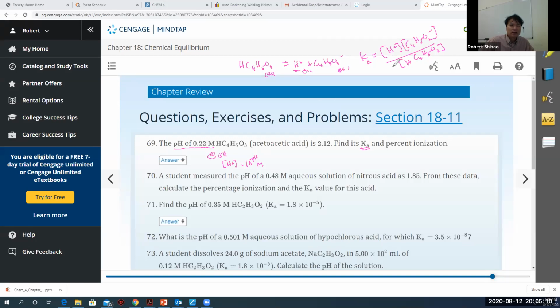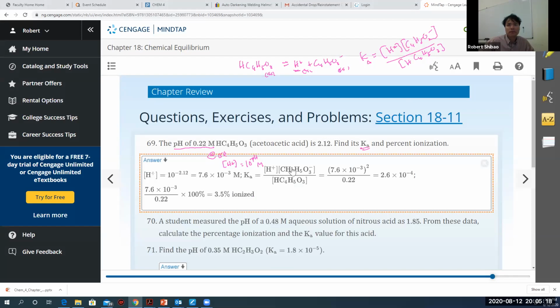The calculations, again, this is optional, so I'm skipping them, but I just want to briefly look at these here, the types of things that you can do. Here I'd set up an ICE table, though. They're not doing it the easiest way. There's an easier way of doing this.